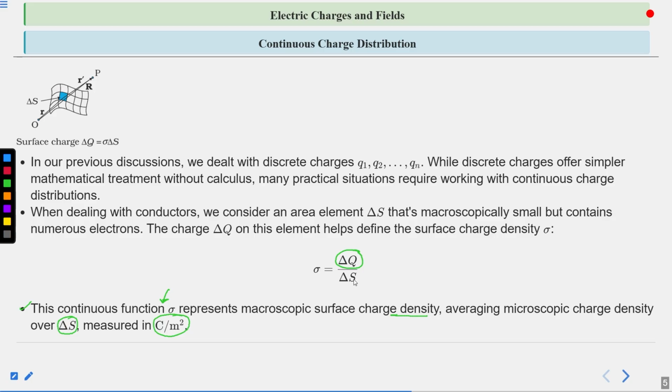What is the SI unit of area? That is meter square. So in the numerator we have coulomb, and in the denominator meter square. So it will be coulomb per meter square. It means the SI unit of surface charge density is coulomb per meter square. And the total charge is sigma times delta S. Clear?